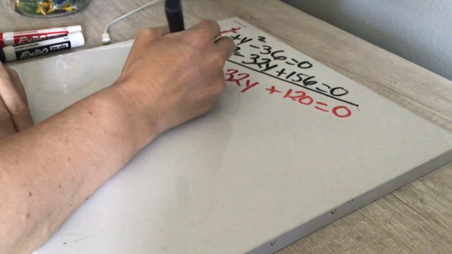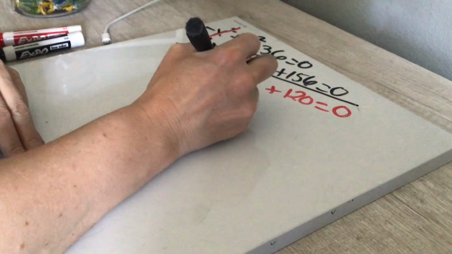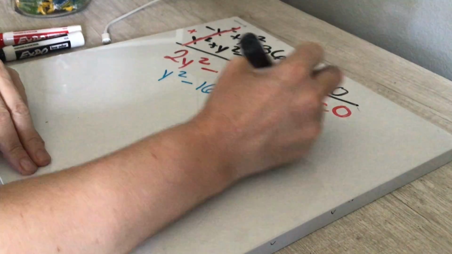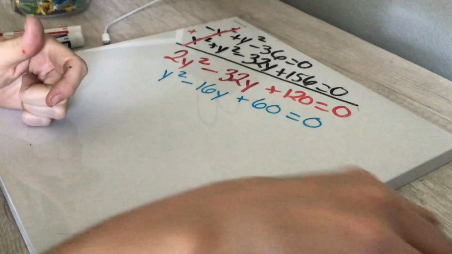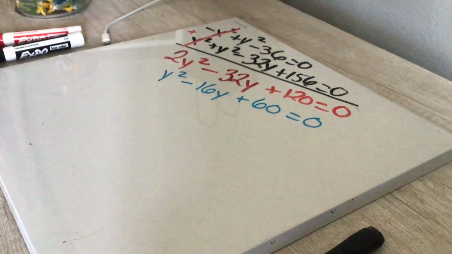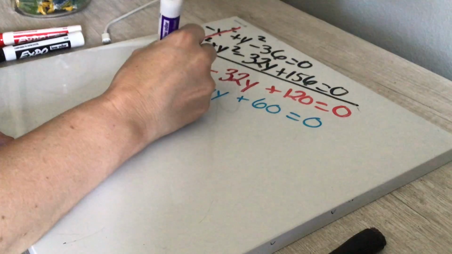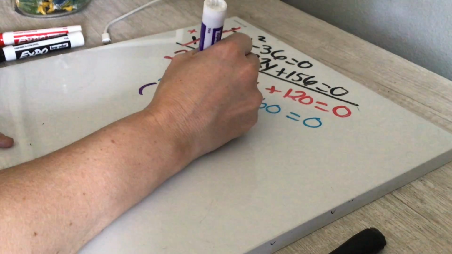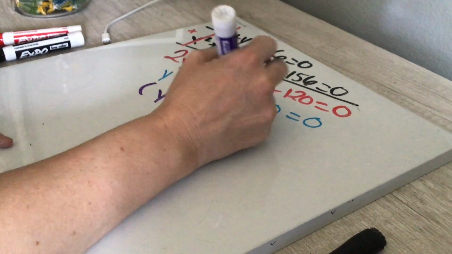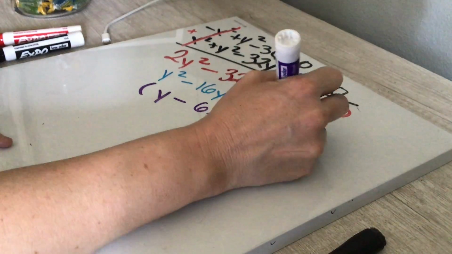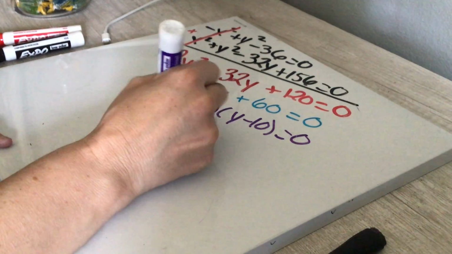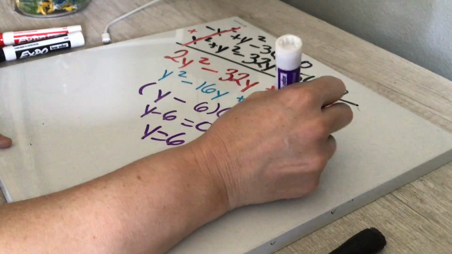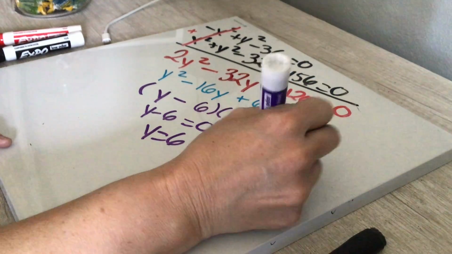Okay, so I get y squared minus 16y plus 60 equals 0. Then factors of 60 that add up to negative 16. So y minus 6 times y minus 10. Then use the zero product property. So I get y equals 6 and y equals 10.